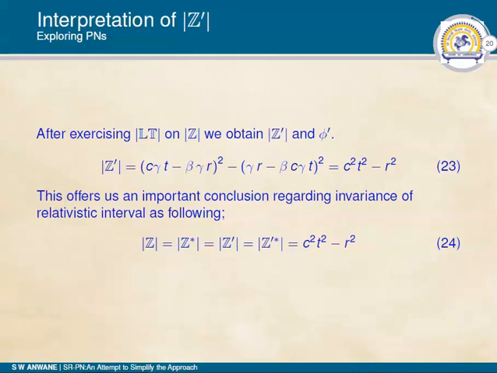So the event is preserved even after operating the Lorentz transformation, which is the preservation of the event in special relativity claimed to be valid. This offers us equation number 24, which is very important, as proposed by Albert Einstein, that is preserved for all inertial observers.